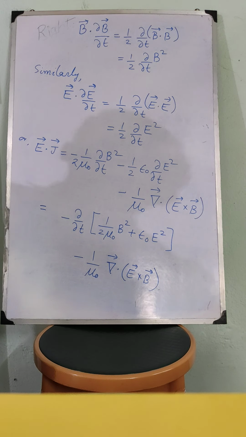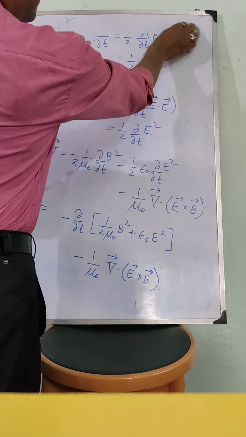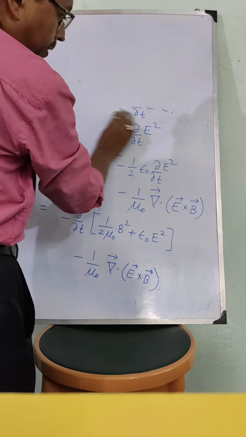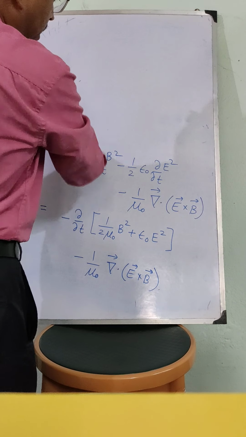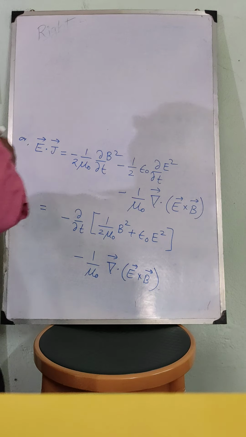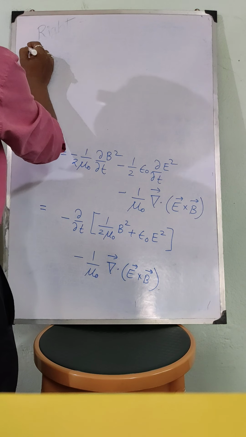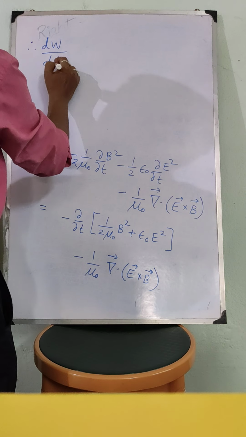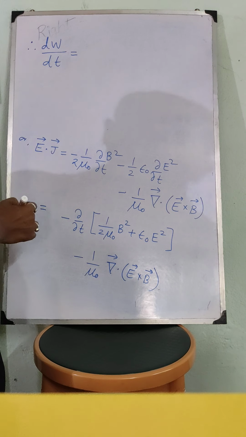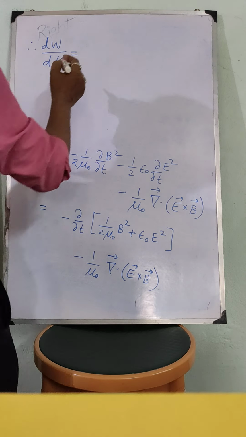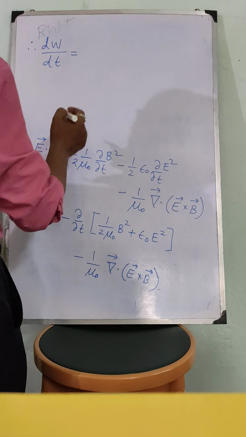So therefore the rate of work done on the charges contained in volume V by the electromagnetic field, that is dW dt, is equal to, you remember that I had a volume integration over E dot J. So I have to integrate this quantity.